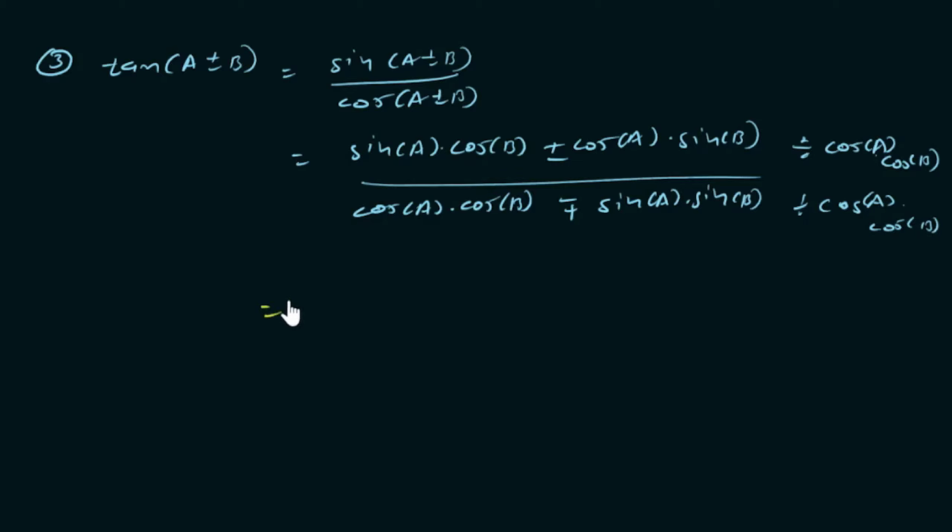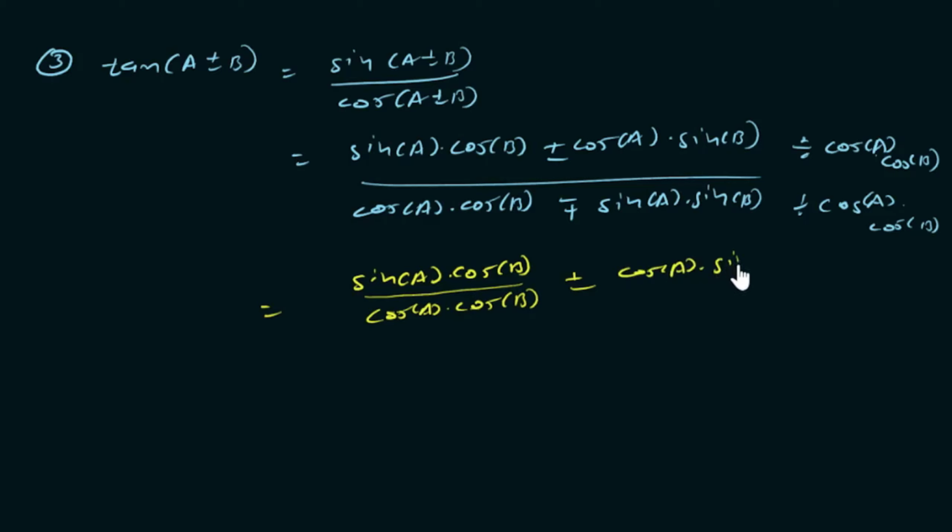So here we will divide the numerator by cos a cos b, and we get sin a cos b over cos a cos b plus or minus cos a sin b over cos a cos b.